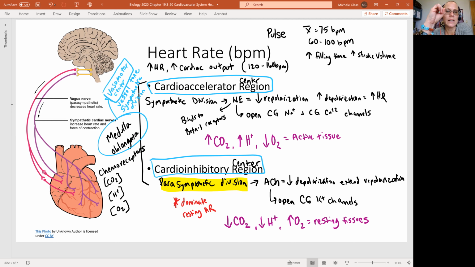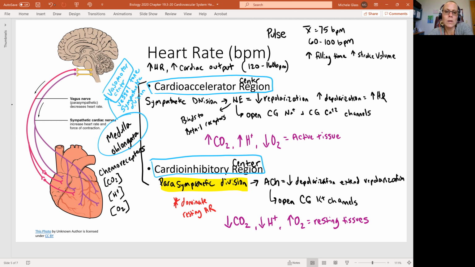And what we'll see then is we get a little bit of tone all the time, so that if we need to constrict the vessels, we're going to increase our stimulation, more contraction, constrict the vessels. And if we go back to kind of our regular tone, if we need to dilate the vessels, you're going to suppress, you're going to stop sending signal, and you're going to allow for relaxation. And so that's going to allow that vessel to dilate.